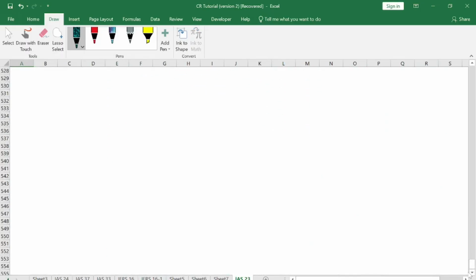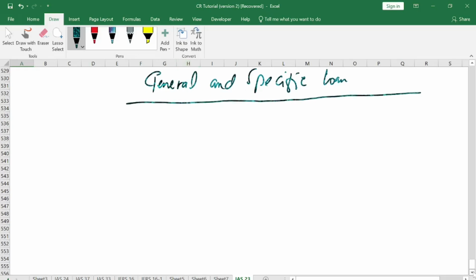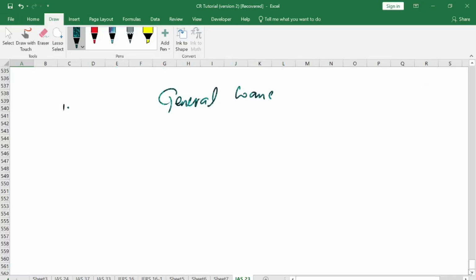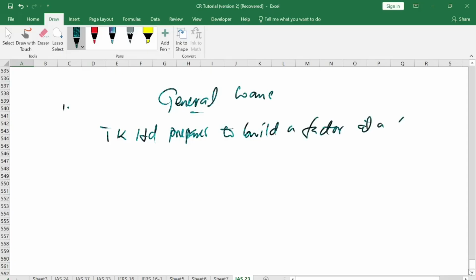Now let us look at general and specific loans for projects. Let us start with general loans. So with general loans, this is how it goes. Say TK Limited prepares to build a factory at a cost of 300 million.